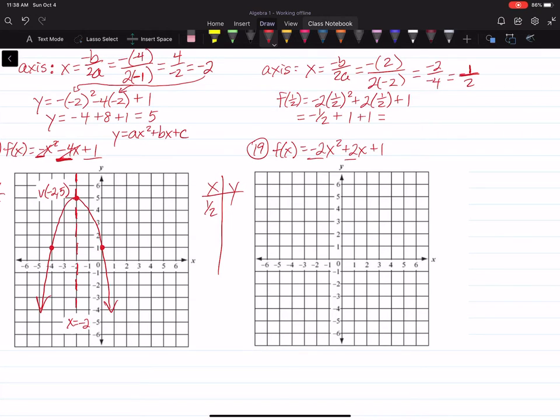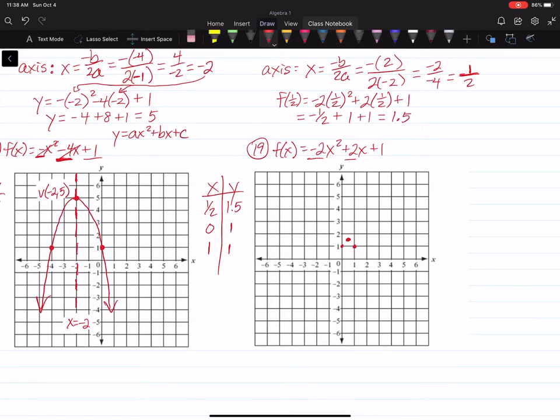So 1 plus 1 is 2, minus 1/2 is 1.5. So 1/2 and 1.5. I pick 0 for my second x, and double the first one, we get 1. When you plug in 0, you will get positive 1 for the last 2 points. So we got 1/2, 1.5 would be about in there somewhere, 0, 1, and 1, 1.